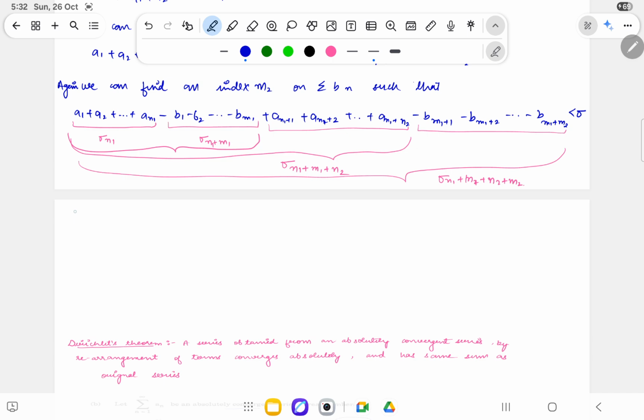So we got another rearrangement. Let's name it summation vn, the rearranged series, and sigma n is its sequence of partial sums.